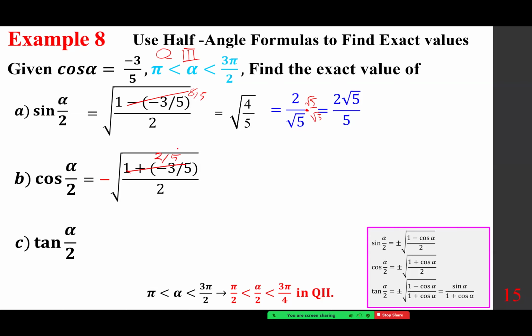Divided by 2 is 1 over 5. We have this negative sign. Everybody is not going anywhere. And now, just take it out, rationalize it. You get minus square root of 5 over 5.